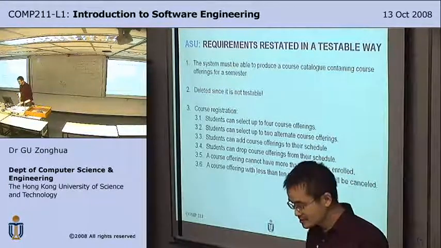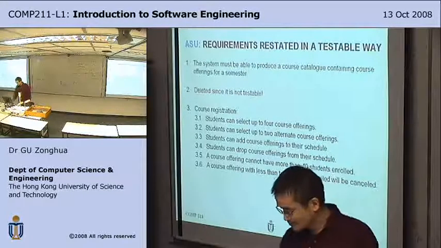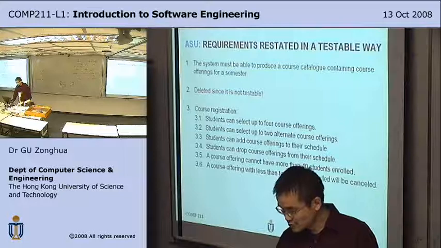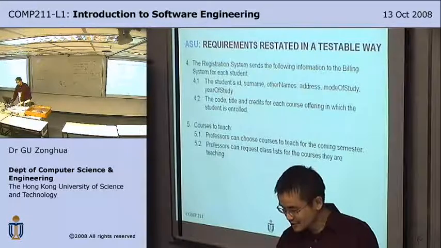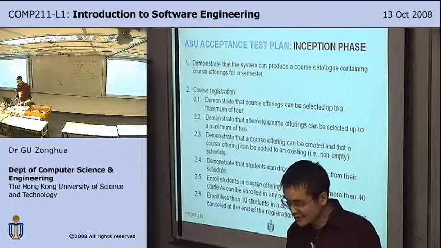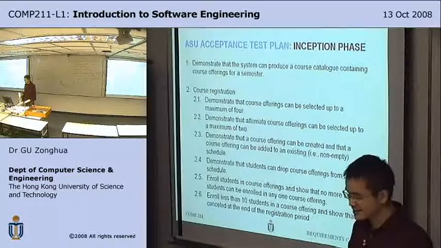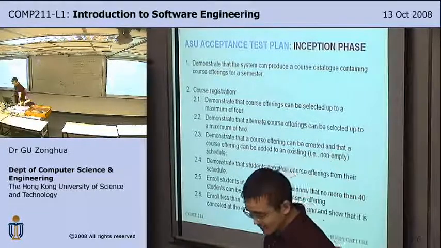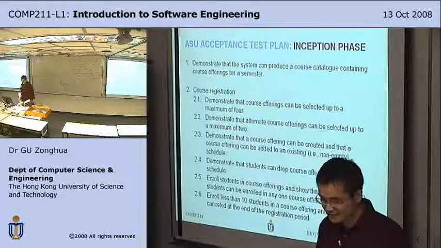That is a requirement statement. But we need to write a test case for it. The test plan says enroll students in course offerings and show that no more than 40 students can be enrolled in any one course offering.